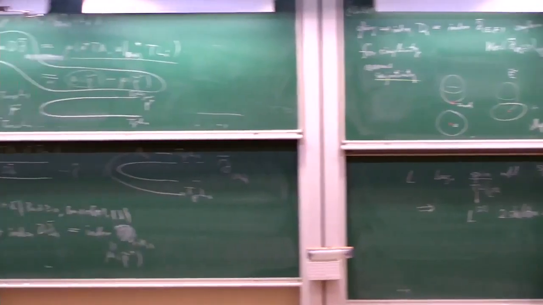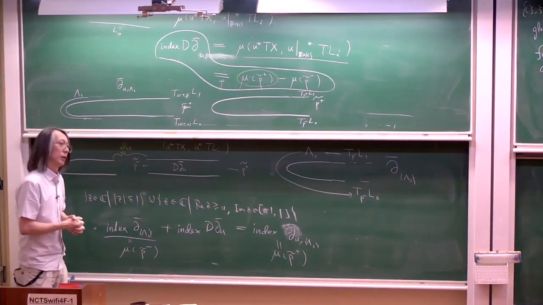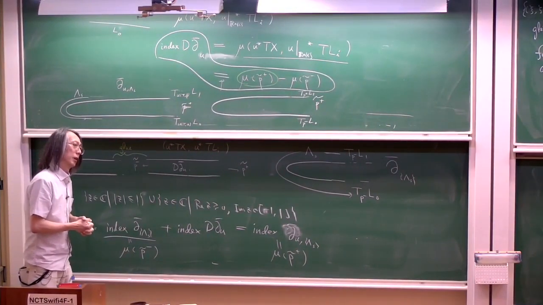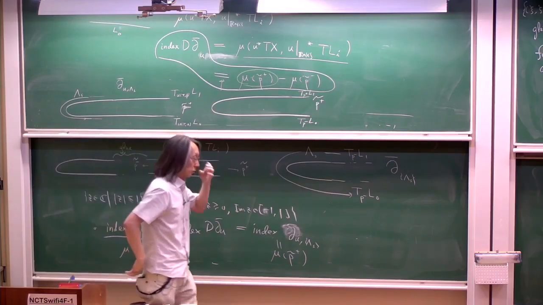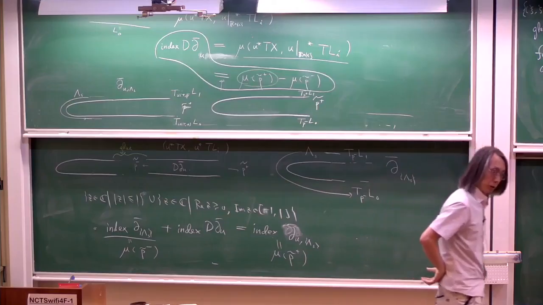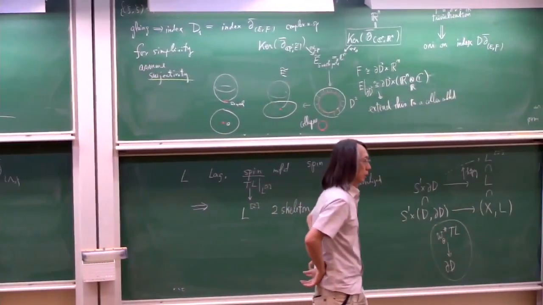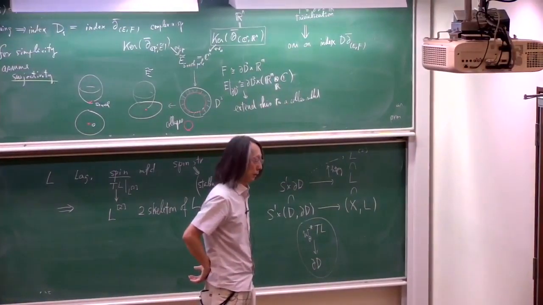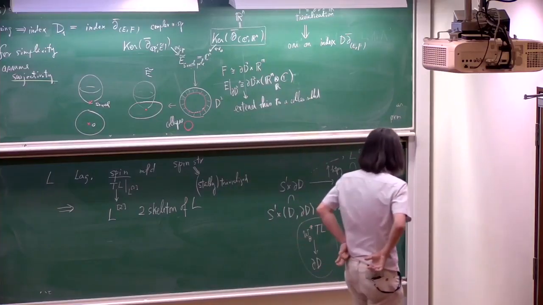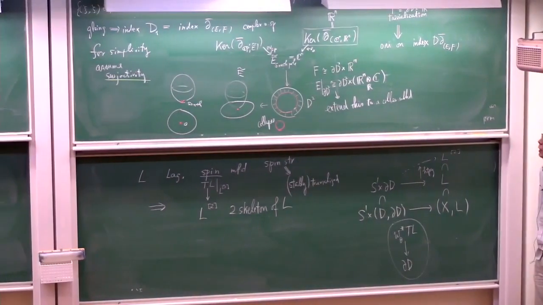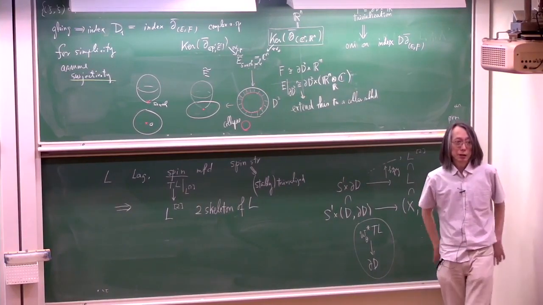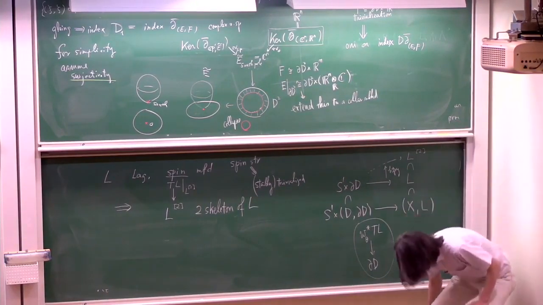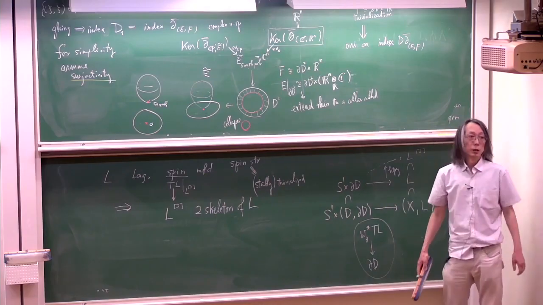Okay, so this is for the orientability condition. Now gradability. Gradability is the index thing, right? I think this is a little bit different.